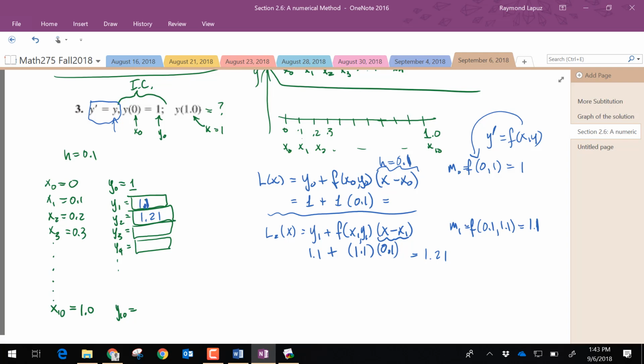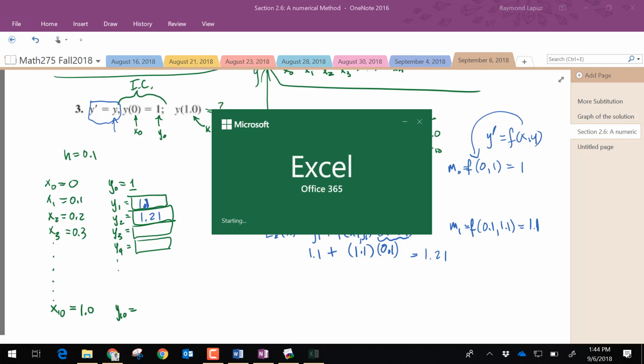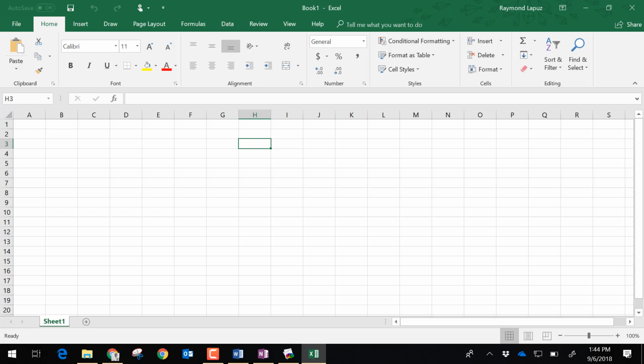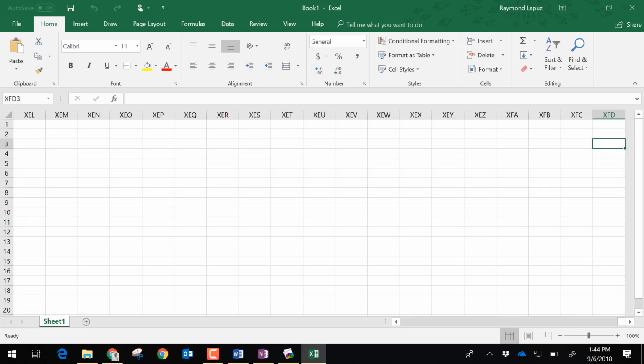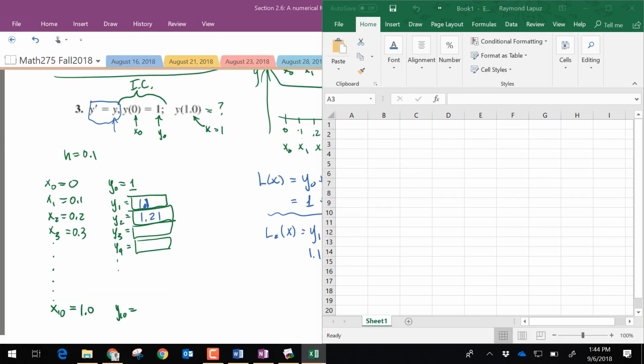So you can use technology to figure this out. The technology that I first like to use for this is Excel, because Excel can do something like this. This is simple enough. And in Excel, I can click and drag things to get my values. So let's see, these are my x values and my y values.